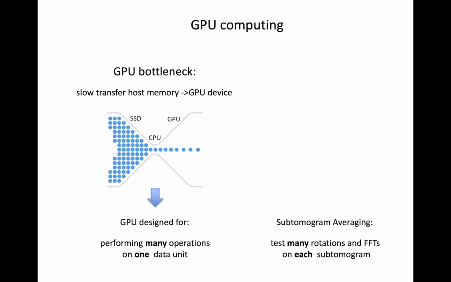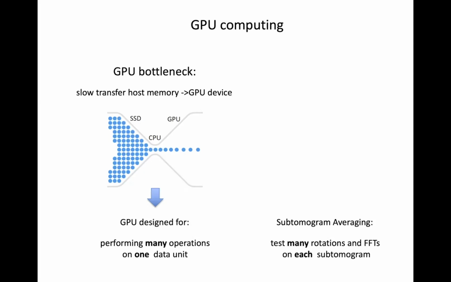And that is almost a verbatim description of what subtomogram averaging is. Once you have in your GPU your template and your particle, all you do is you apply to the particle or to the template, depending on the implementation, thousands, hundreds of thousands, millions of rotations and three-dimensional FFTs.